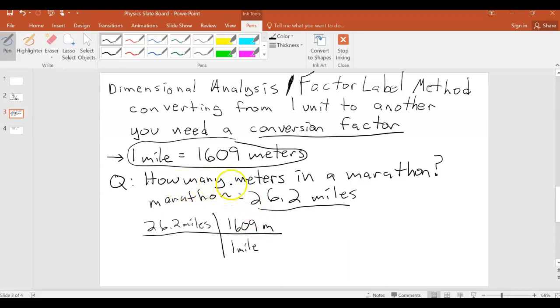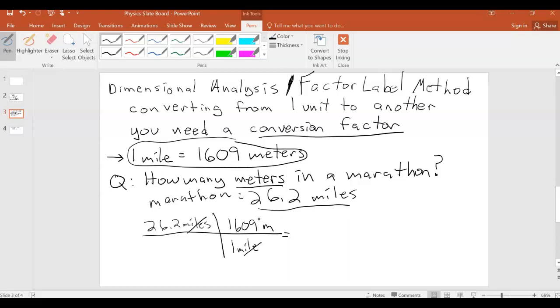Going back to the question again, how many meters? And we know that this is the prefix for meters. So these miles are going to cancel. And then we're left with basically a multiplication and division problem, which isn't difficult because we're just dividing by 1, so we just have to multiply the numerator.